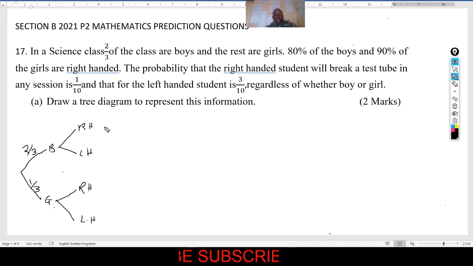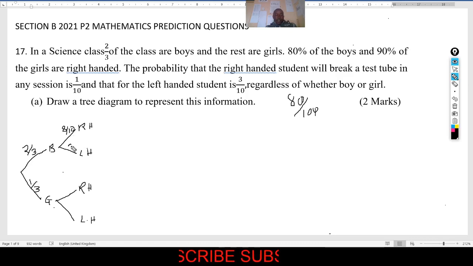And then you are told that 80% of the boys and 90% of the girls are right-handed. So boys are 80%, that is 80 over 100, which is 8/10. So 8/10 of the boys are right-handed, meaning that 10/10 minus 8/10 is 2/10.